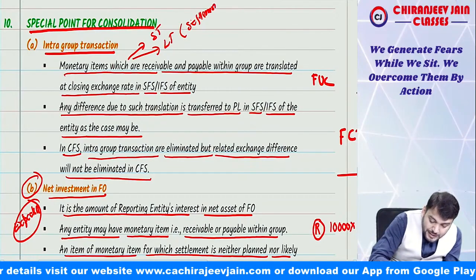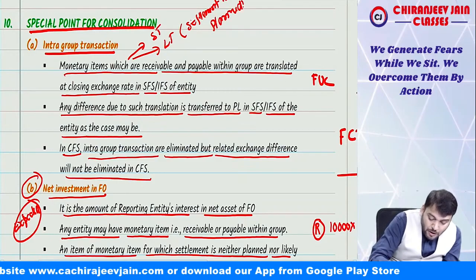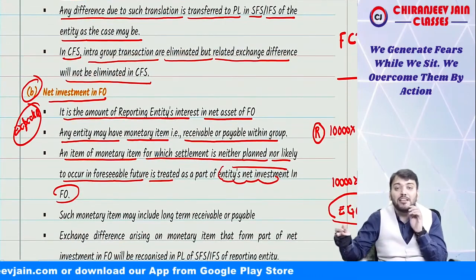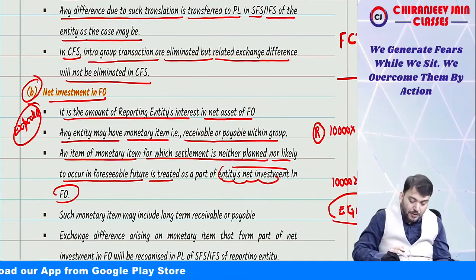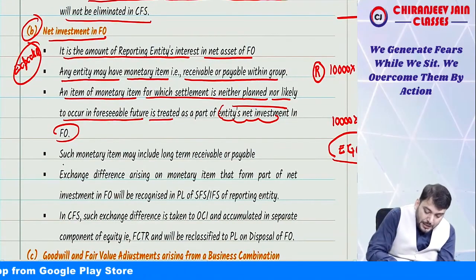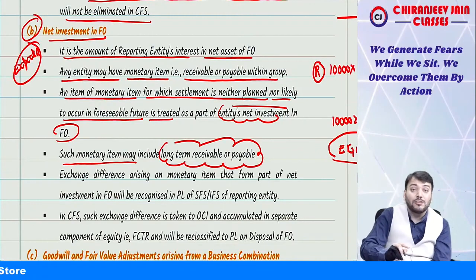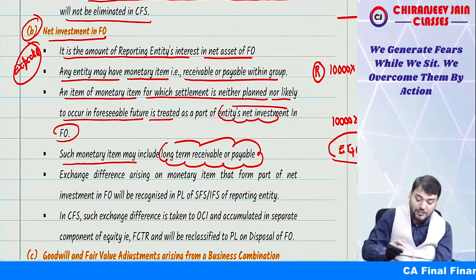Are you able to understand? Right now we are discussing monetary items for which settlement is neither planned nor likely to occur in the foreseeable future. Such monetary items may include long-term receivable and payable, but not all long-term receivable and payable will be a part of net investment in FO. I hope you are understanding.